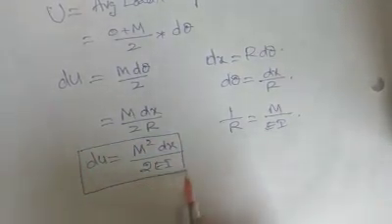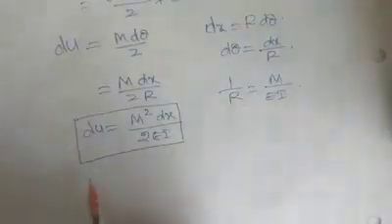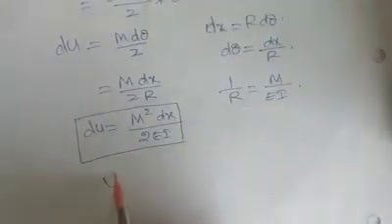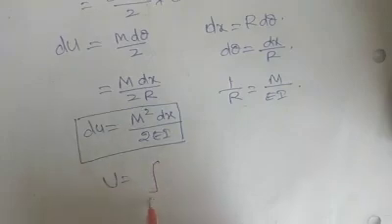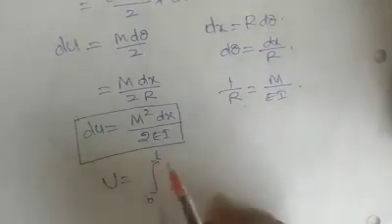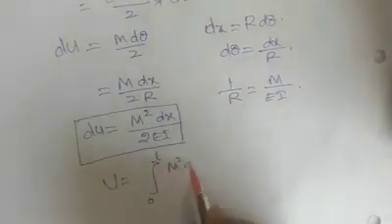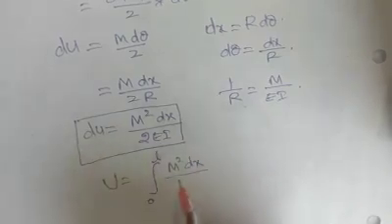If you want the total strain energy U, we have to integrate from 0 to L of M square dx by 2EI.